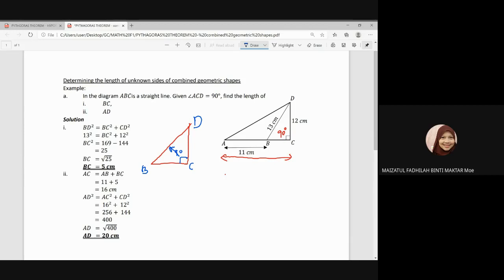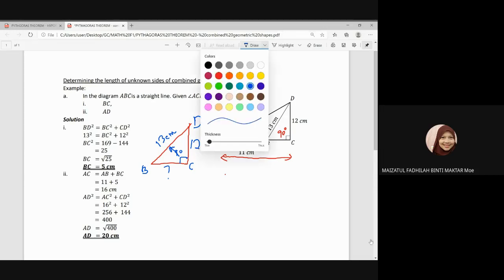Can we find the BC? Can, because the value of BD is already given, which is 13 centimeters, and the value for CD is 12 centimeters. So can we find the BC? Can, by using the formula that we learned before. So we write it down below here.